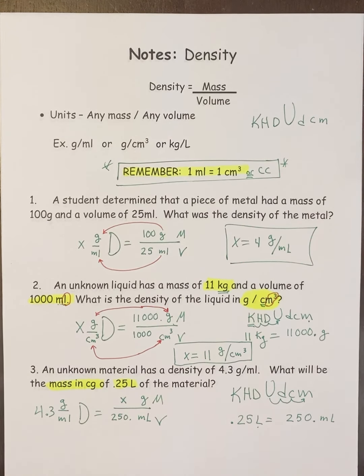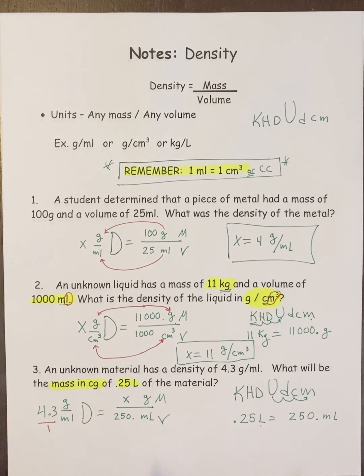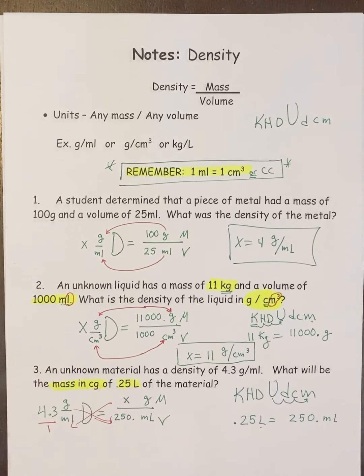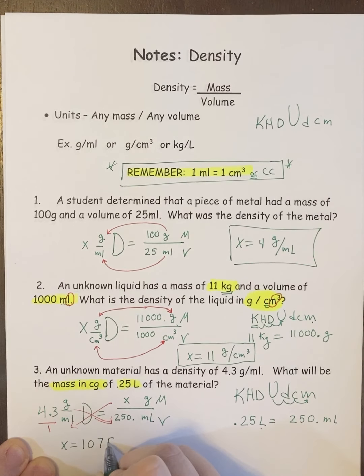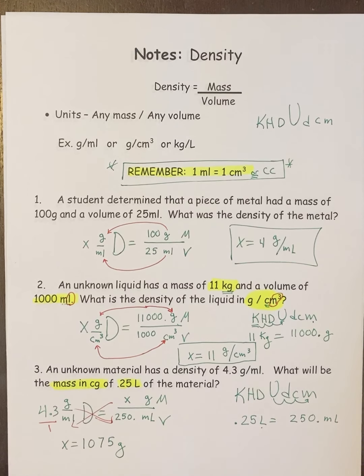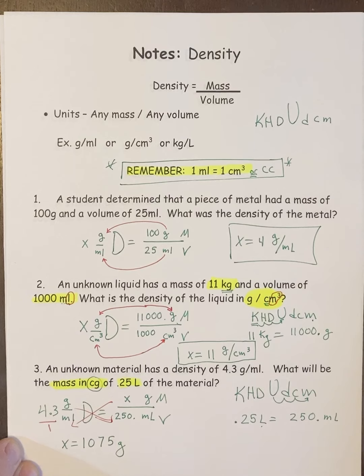In this case, I make two fractions and cross multiply. So I get 4.3 times 250, which is 1,075 grams. They still want the answer in centigrams.